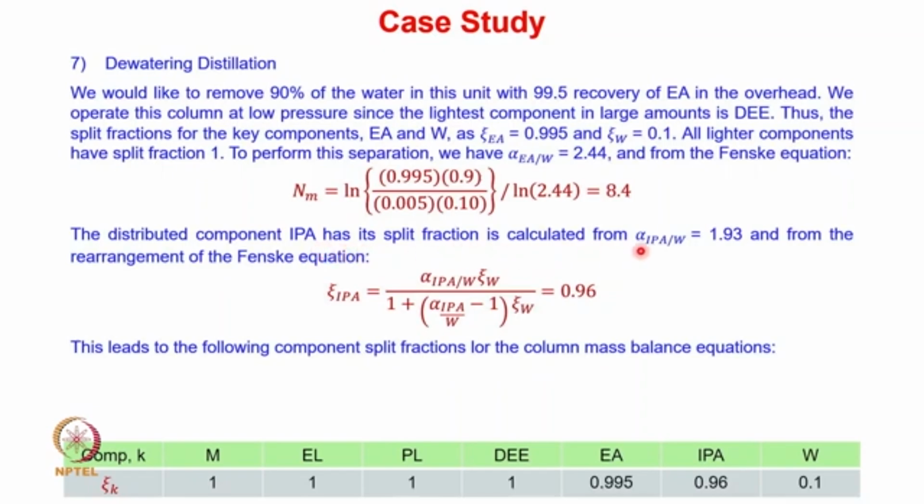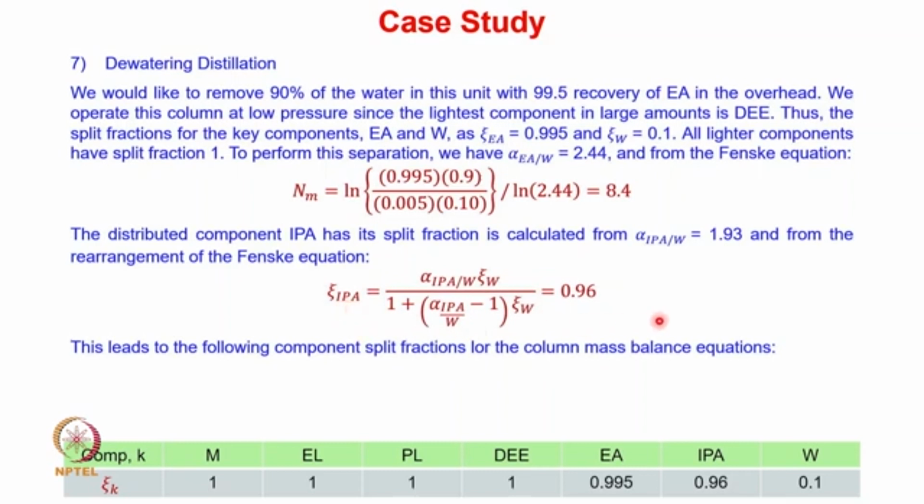So the distributed component split fraction can be represented as, so this is the relative volatility of isopropyl alcohol with respect to water, and the split fraction of the water is 0.1 is given, and the relative volatility of isopropyl alcohol with water can be calculated, and using this we can calculate the split fraction of isopropyl alcohol.